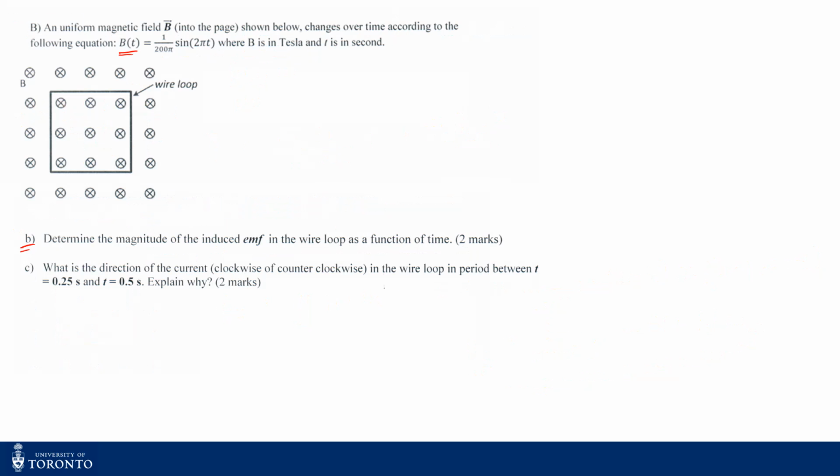Now this will induce some voltage, and that will cause a current flowing into this loop of wire. So I'll start with part B here. I'll just write the expression of phi B again.